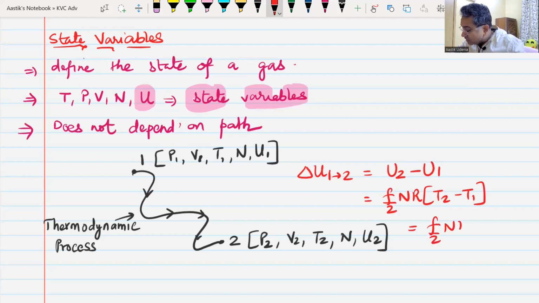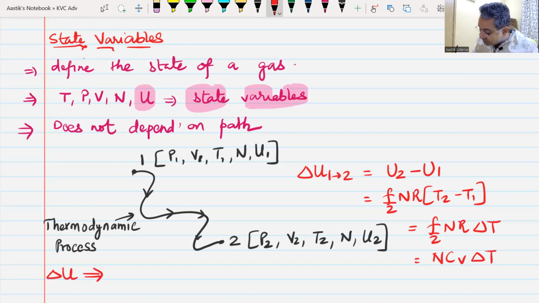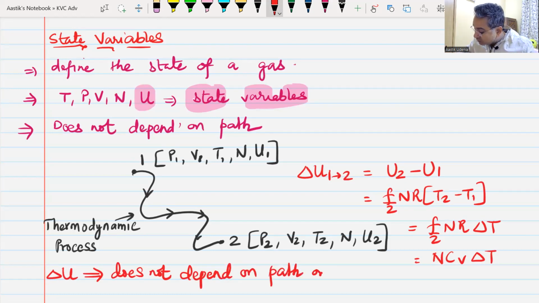So you can write the change in internal energy as F by 2 NR delta T, or as NCV delta T. This change in internal energy does not depend on path, or on the process.